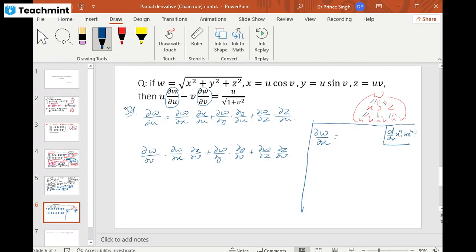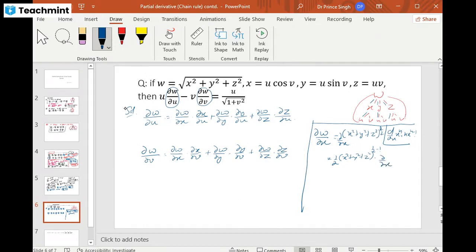So firstly we use the power rule: 1/2 times (x² + y² + z²) raised to the power 1/2 minus 1, into the derivative of this function with respect to x.